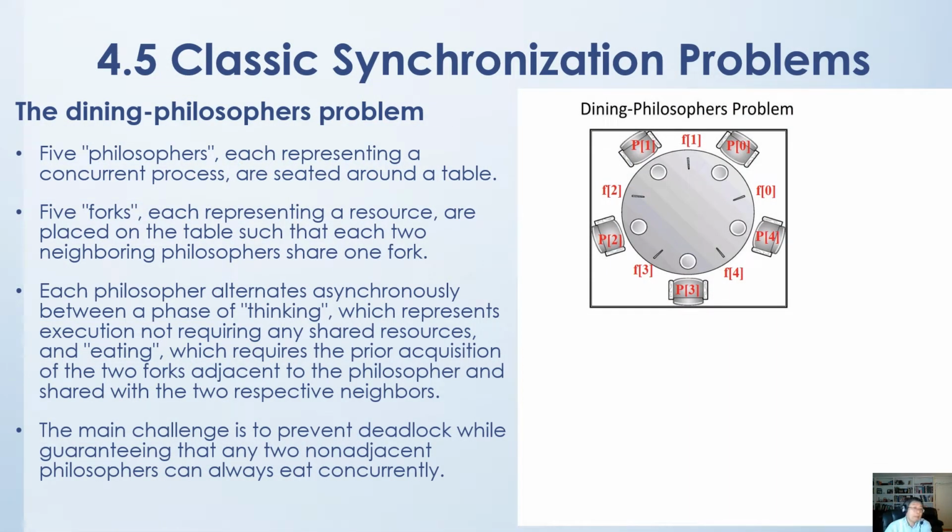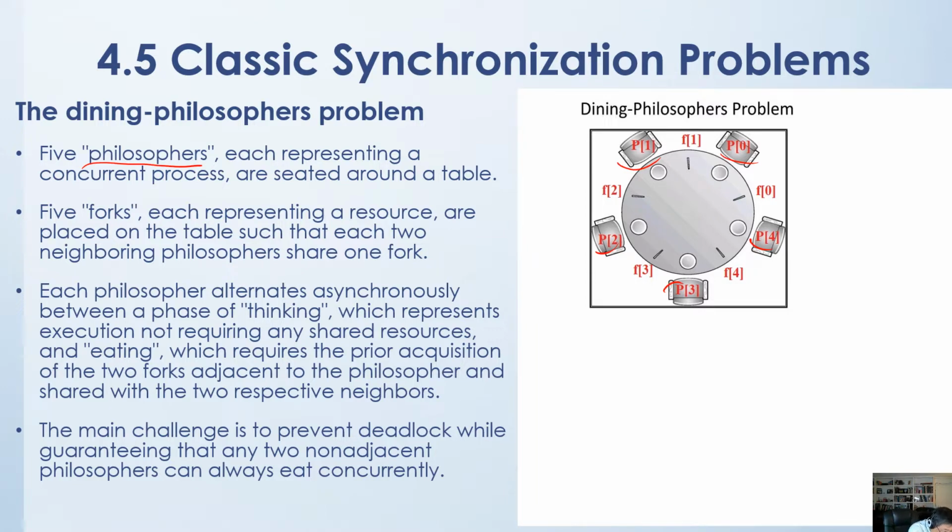Okay, so in this section, we're going to talk about a classical synchronization problem, that is the dining philosophers problem. Now, in the dining philosophers problem, there are 5 philosophers, each representing a concurrent process.